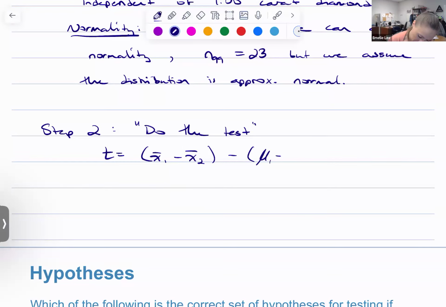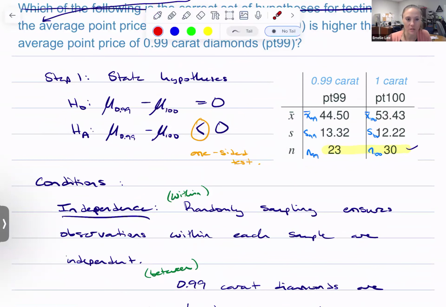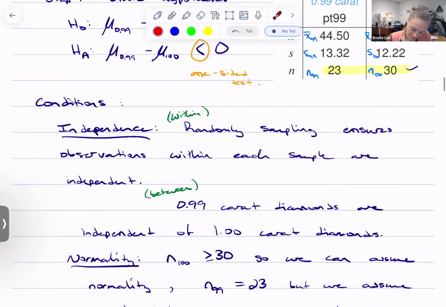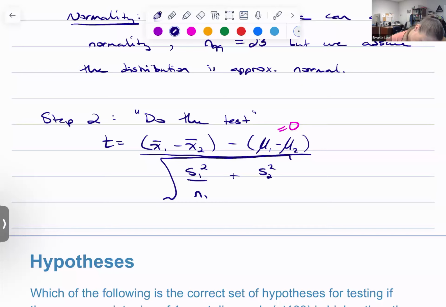Technically minus mu1 minus mu2, assuming the null hypothesis is true, so this will always be 0, right? Since we just said that our null hypothesis is that mu1 minus mu2 is equal to 0. So I don't even write that, usually. Over the square root of s1 squared over n1 plus s2 squared over n2.